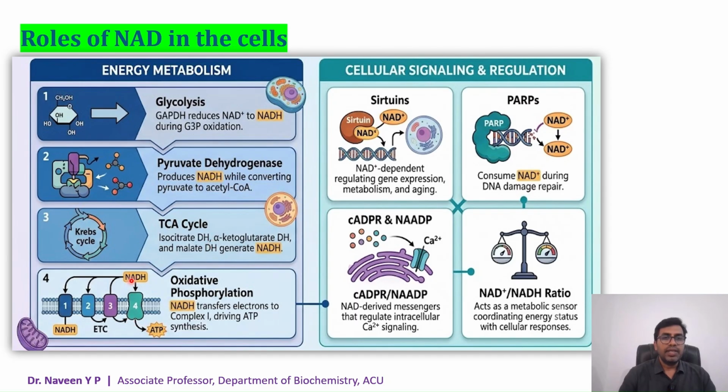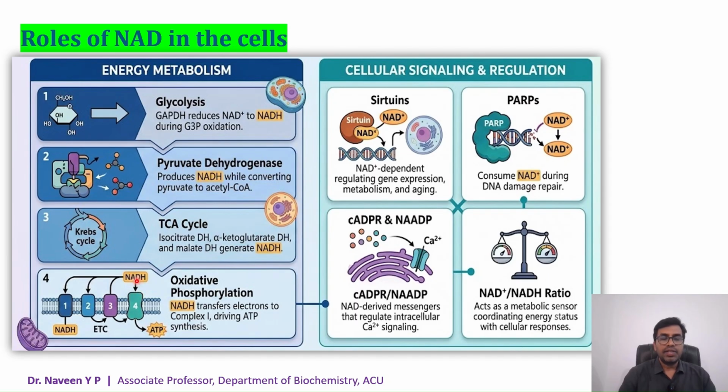Now, whatever electrons are taken up by NAD from all these metabolic pathways to get converted into NADH, finally move to the electron transport chain, where there is a process called oxidative phosphorylation.